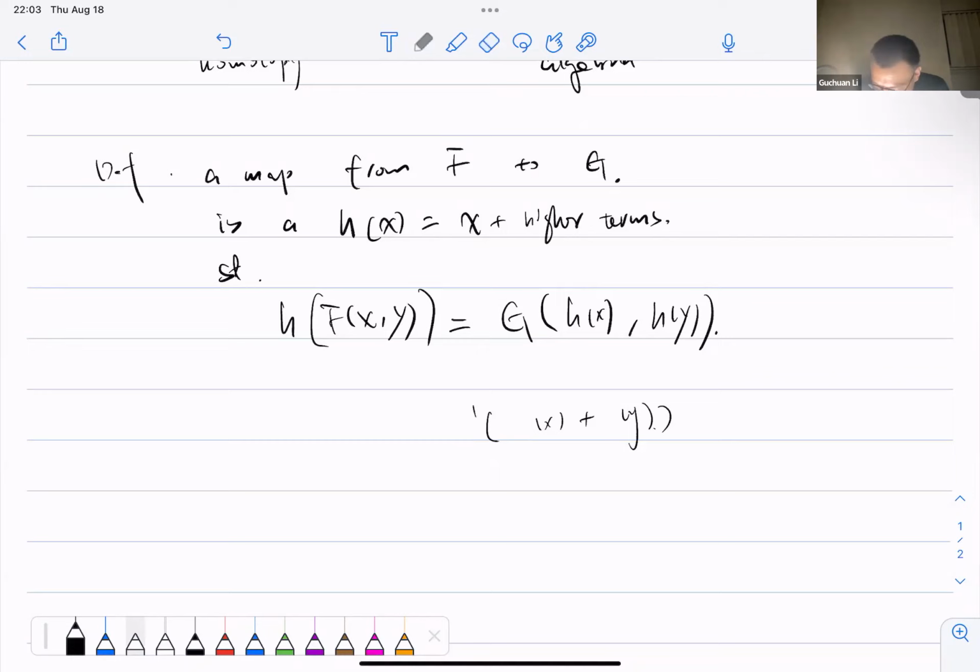Sorry, I just switched letters. So if I pick my G to be the additive formal group law, then I can construct a new formal group law by this formula. That's what we have seen in the first talk.